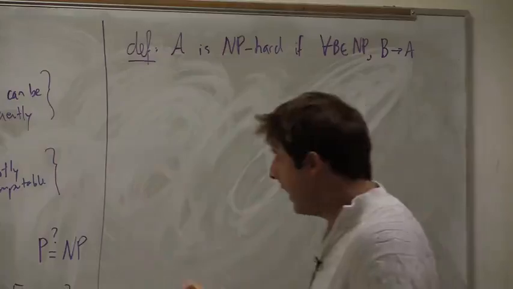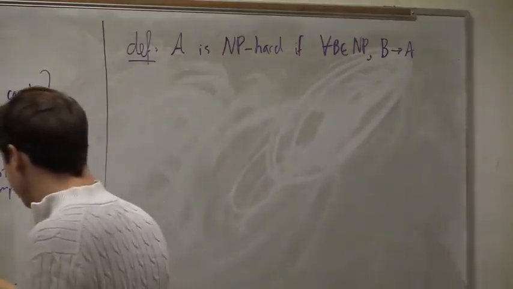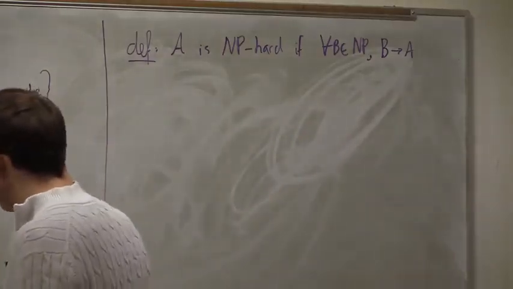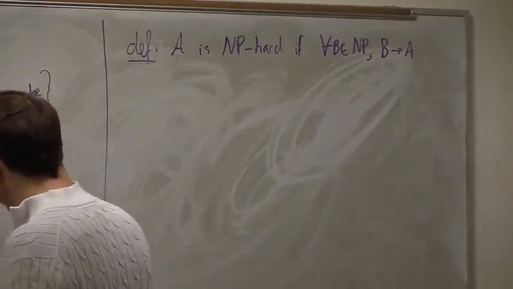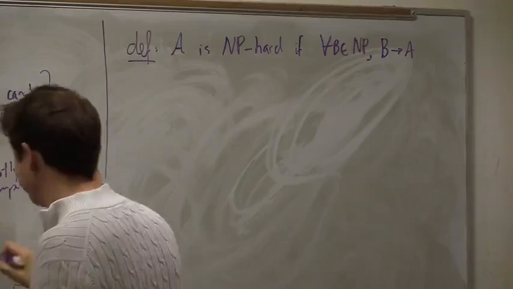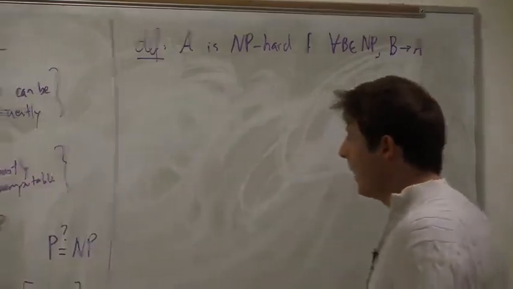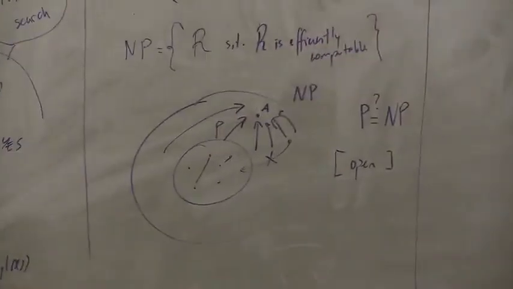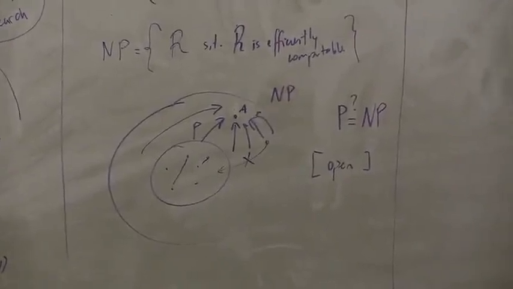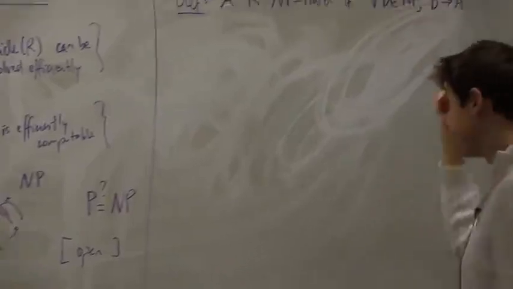Okay? So for this A, every problem in NP can be reduced to it. So to some extent, A is no easier than any other problem in NP, or at least the hardest problem, or among the hardest problems.